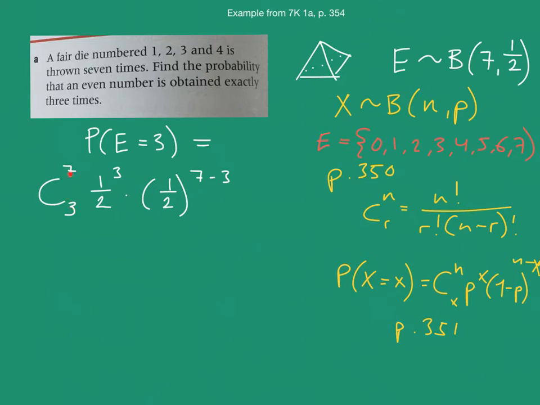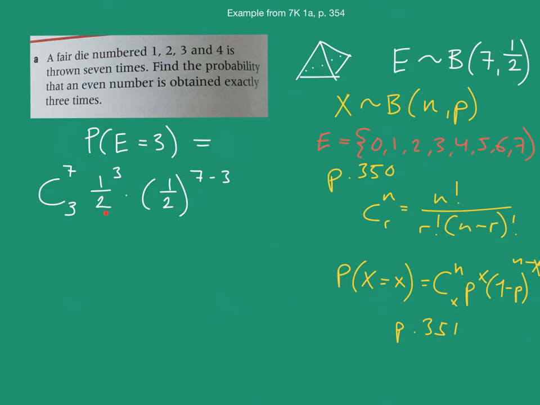So the 7 here, this is the n that we have over here. We've decided that this is a binomial distribution where you have an experiment with 7 trials, and down here is the amount that you're looking for. We're looking for the probability that this variable is equal to 3, that this happens 3 times. And the next bit is the probability that we have up here.